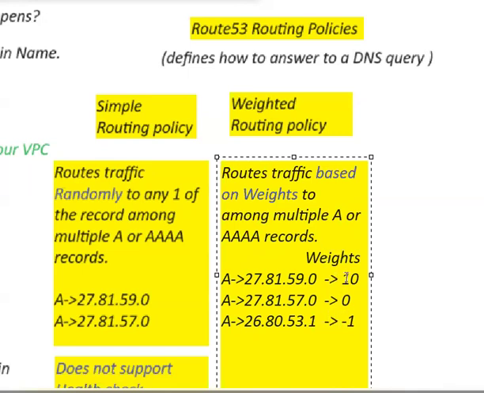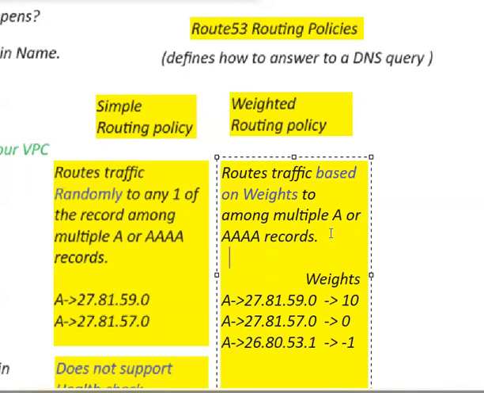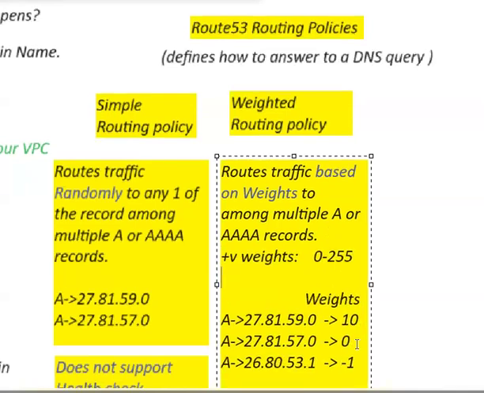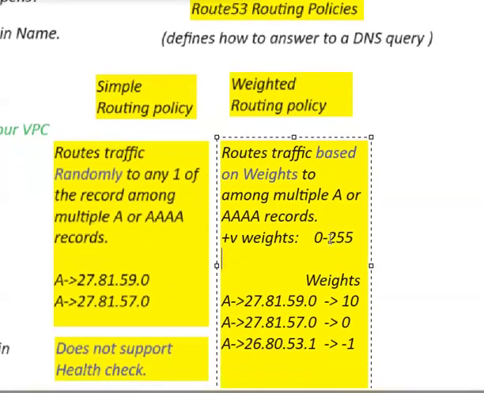Remember one more point while assigning the weights: you need to assign the weights from 0 to 255 only. You can assign positive weights from 0 to 255 only, whereas you can assign 0 weight also, and you can assign negative weights also.